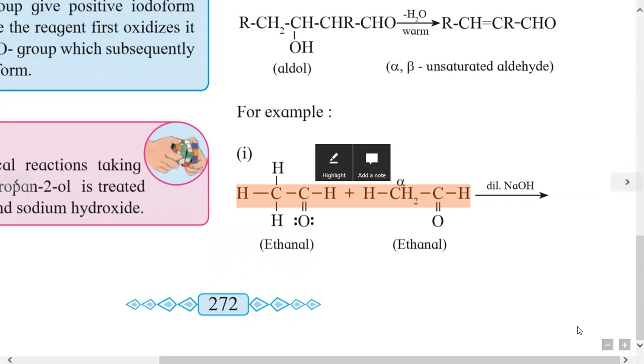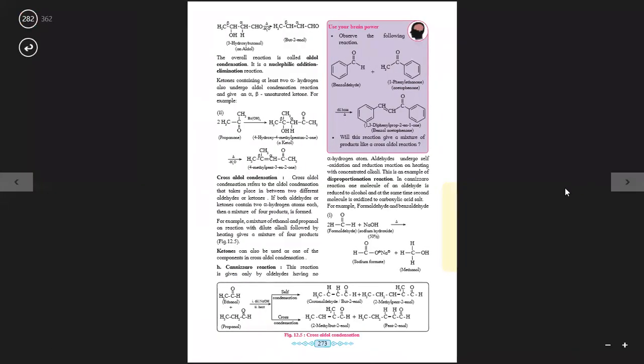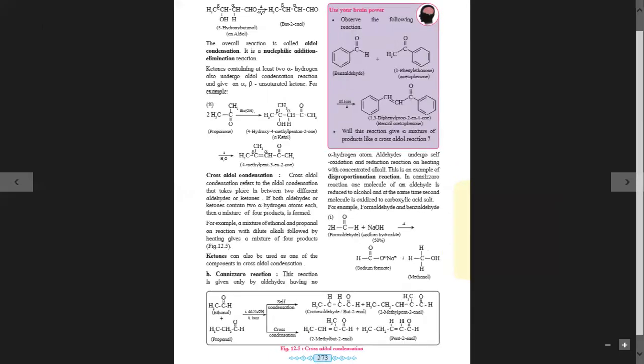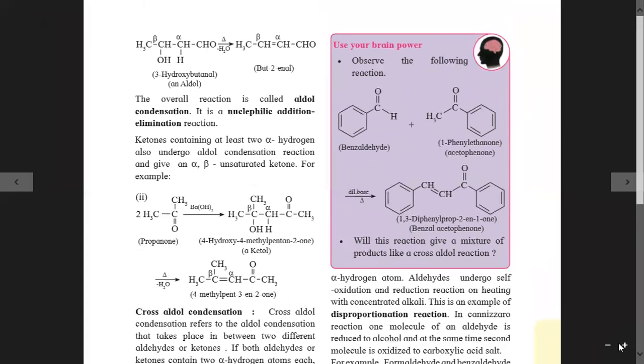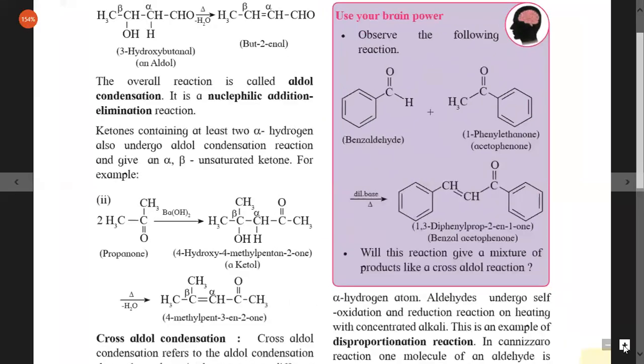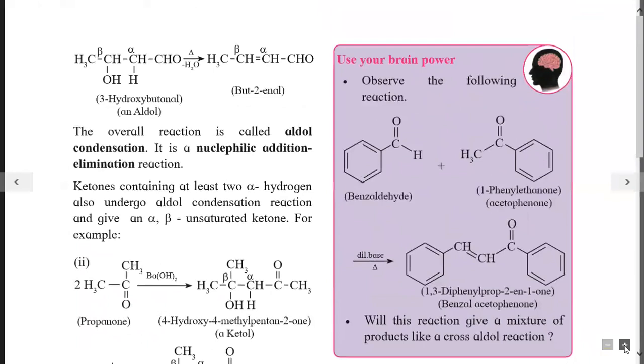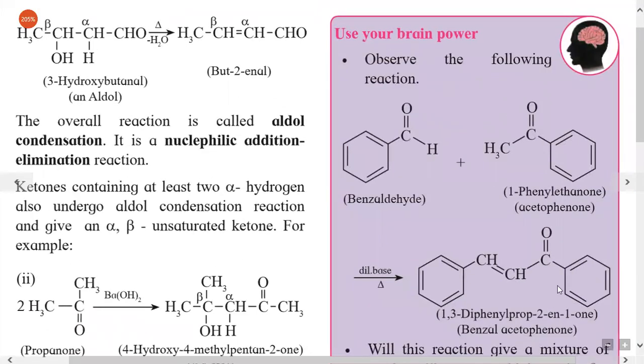Now the carbonyl carbon of one aldehyde gets bonded to the alpha carbon of the other aldehyde in the presence of dilute NaOH, and we get this product that is called 3-hydroxybutanal. It is the IUPAC name of this aldol.